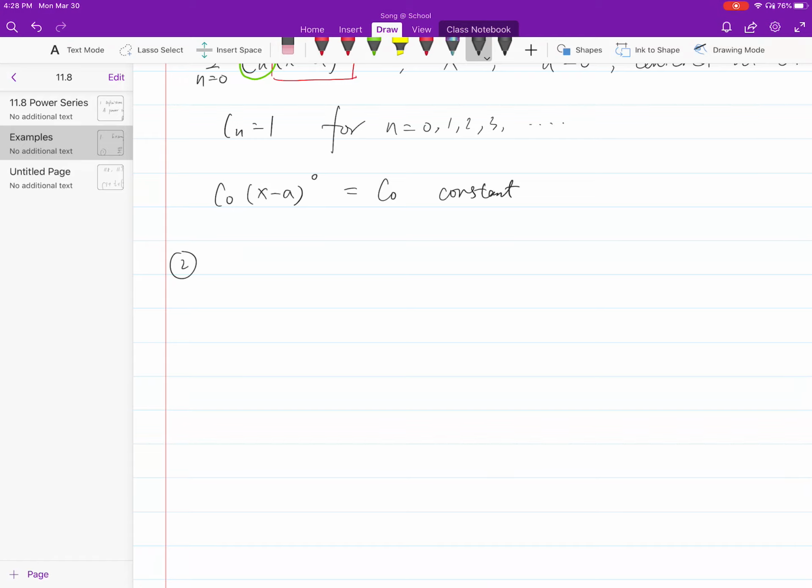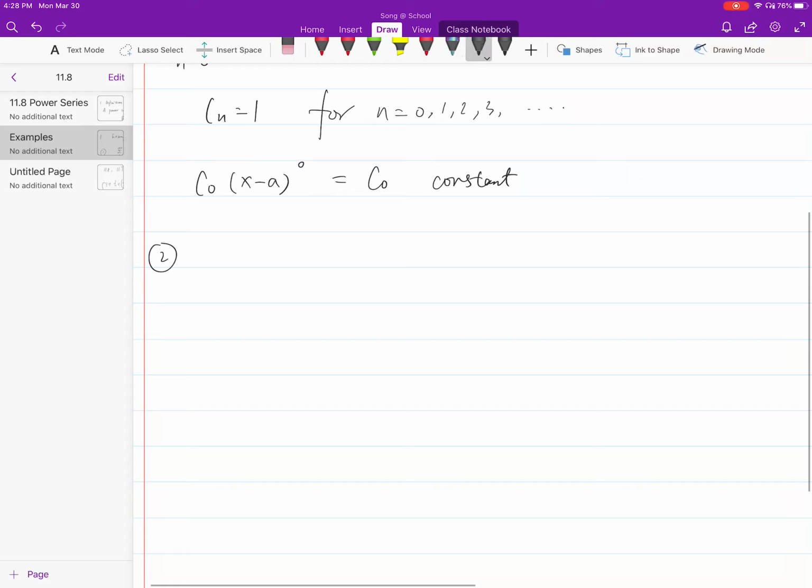Let's do 1 plus (x minus 1) divided by 2 plus (x minus 1) squared divided by 3 plus (x minus 1) cubed divided by 4, and so on.